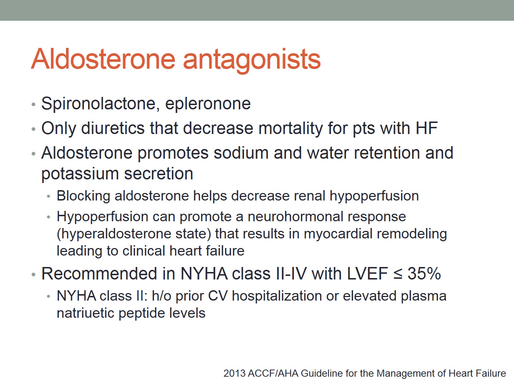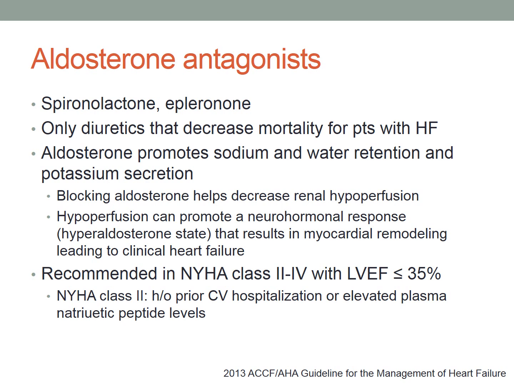Aldosterone antagonists such as spironolactone are the only diuretics that decrease mortality for patients with heart failure. Sometimes these agents are also called potassium-sparing diuretics, but when they're used to treat heart failure, we call them aldosterone antagonists because of the important function that they serve in helping to decrease or slow the progression of clinical heart failure.